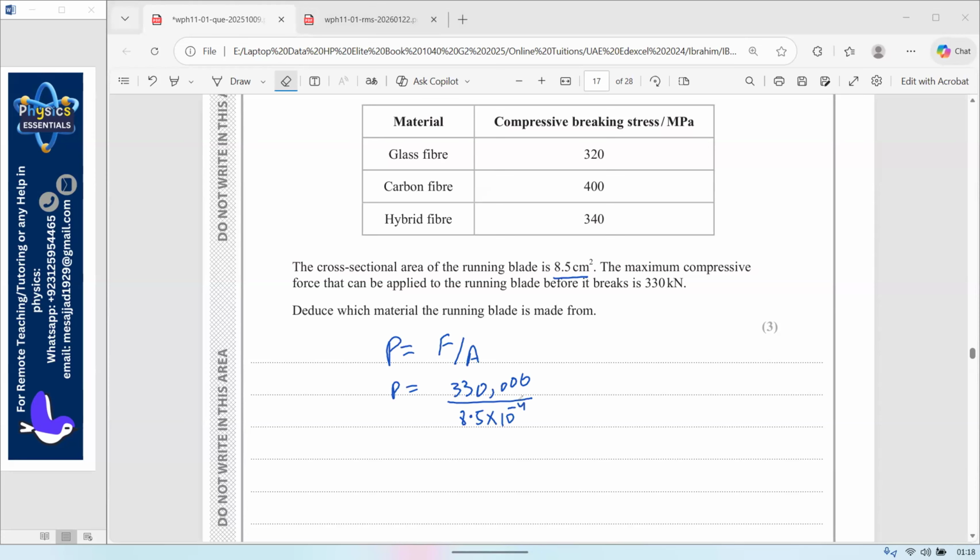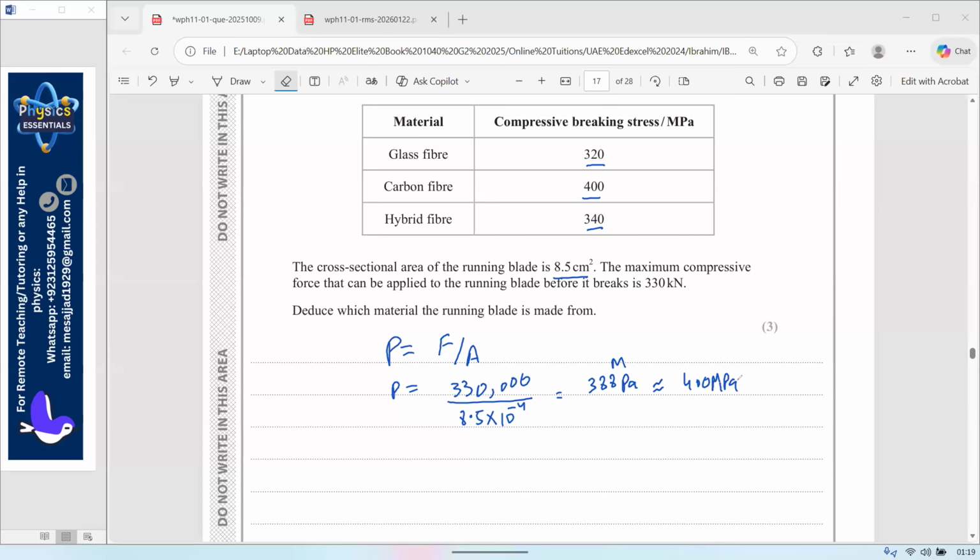So the answer to this is 388 megapascals. And since our data has only two or three significant figures, we can write the answer in a maximum of two significant figures. Therefore, I'm bringing it to 400 megapascals.